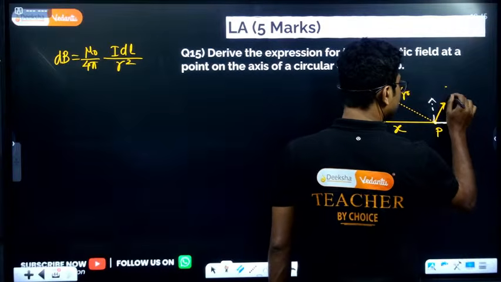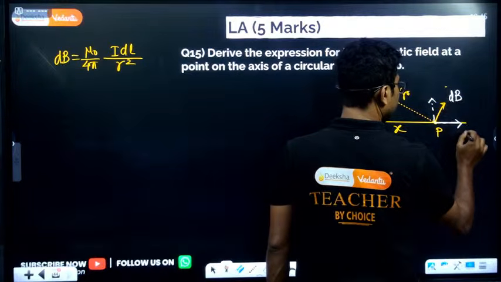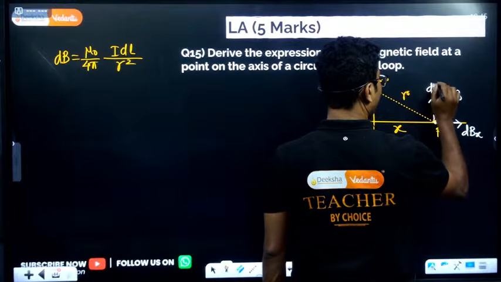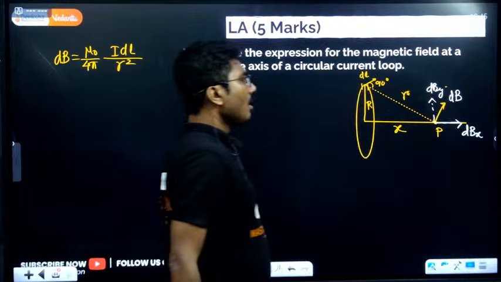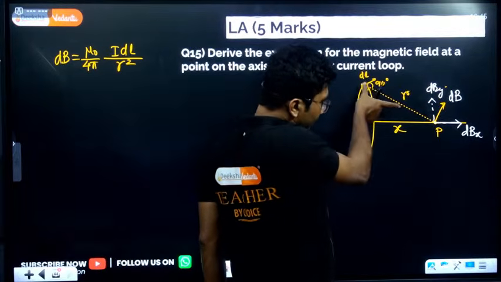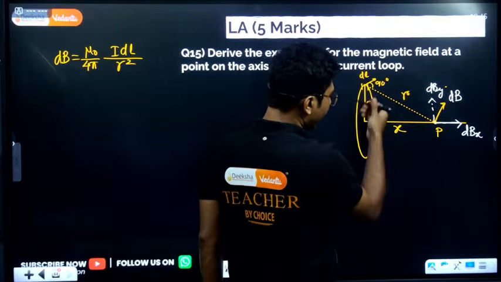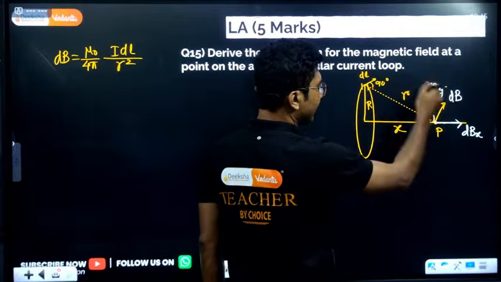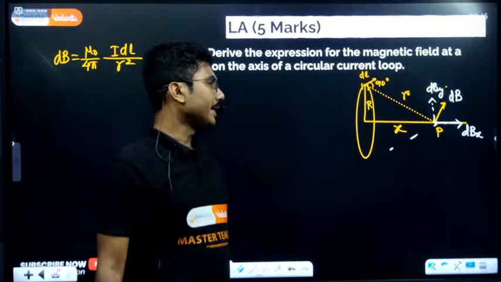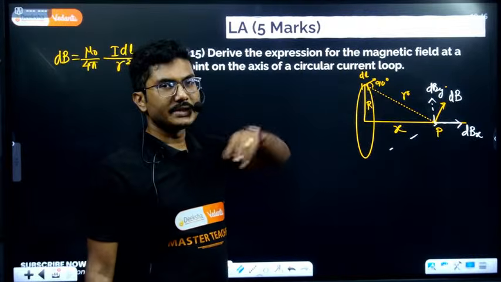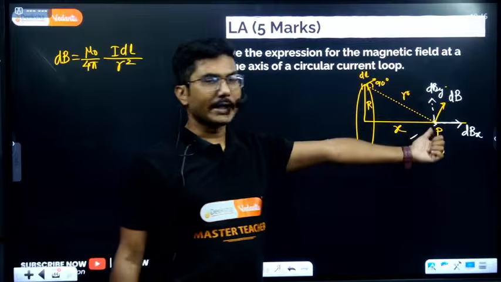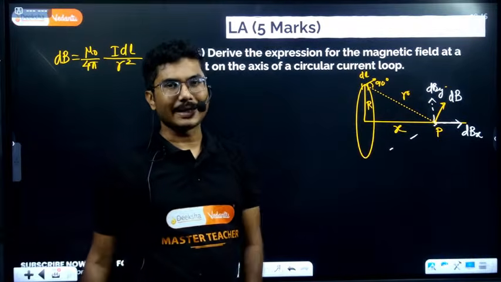We will call these dBx and dBy. Because the radius is fixed, the distance r will be the same no matter where you go, because this is a cone kind of structure. That means the x and y component magnitudes will be the same at every point.